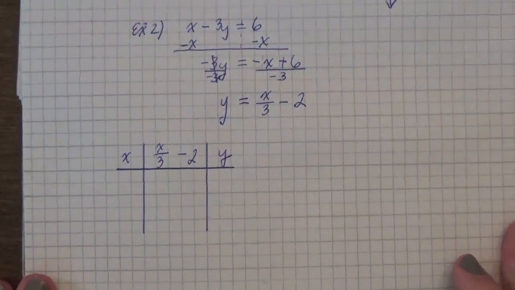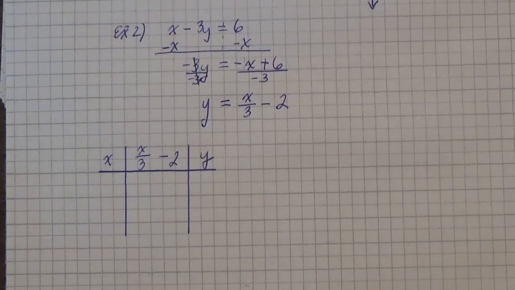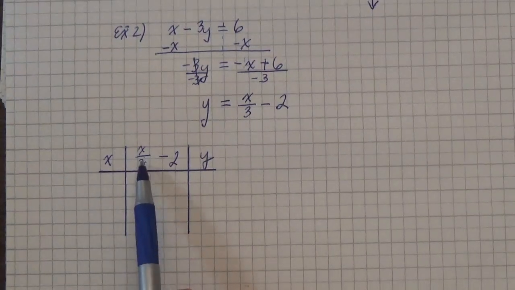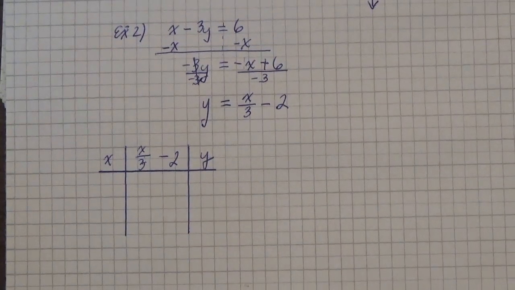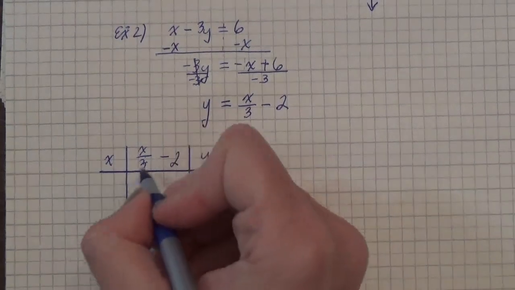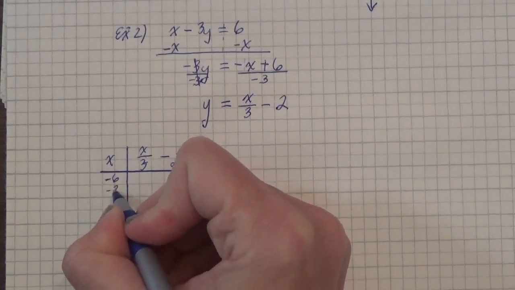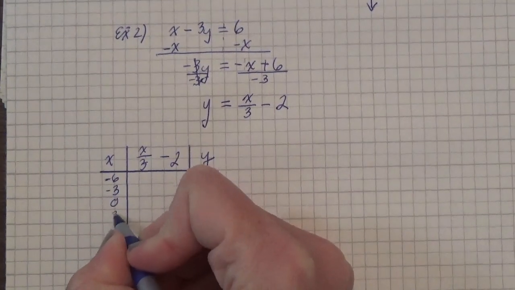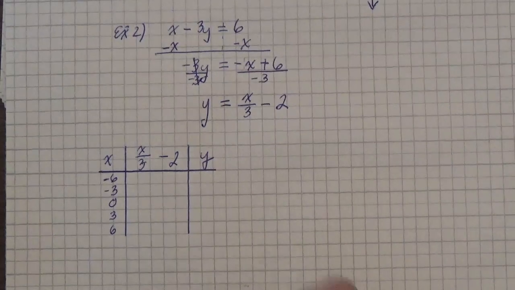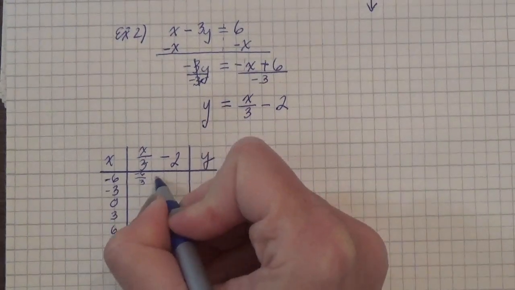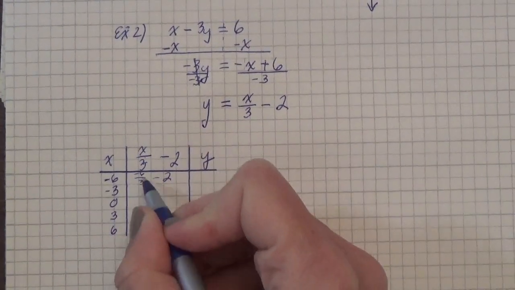I don't know if you remember yesterday, but yesterday when we had a fraction like this, we were clever with what numbers we picked. So I'm going to go ahead and pick numbers that are divisible by 3. So maybe negative 6, negative 3, 0, 3, and 6. So now when I plug these in, this will work out a little nicer.